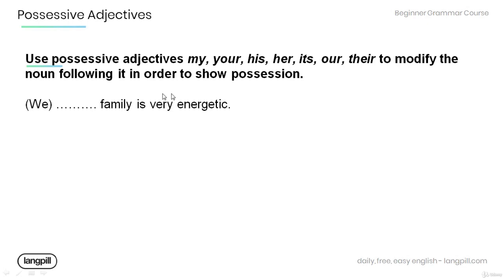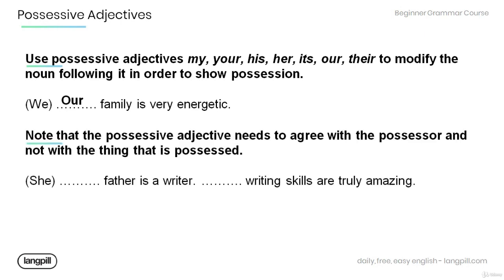Read the following sentence and fill in the blank using the appropriate possessive adjective. We. Family is very energetic. Our family is very energetic. Note that the possessive adjective needs to agree with the possessor and not with the thing that is possessed.